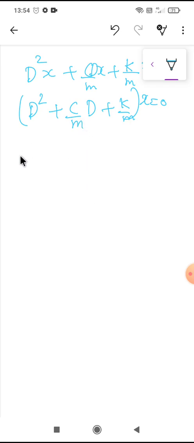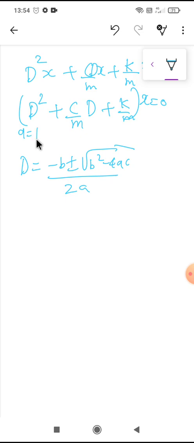The solution for this equation is, as we know, D is equal to minus B plus or minus under root B square minus 4AC, upon 2A. So what are your A, B, C? The first term A is equal to 1, B is equal to c by m, and C is equal to k by m.